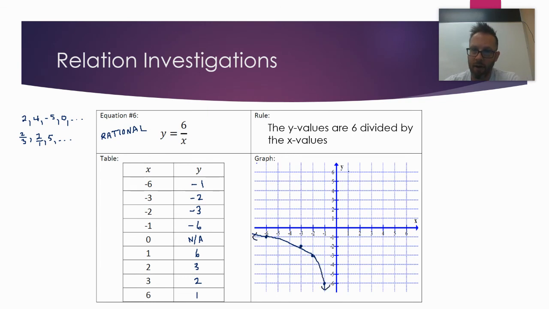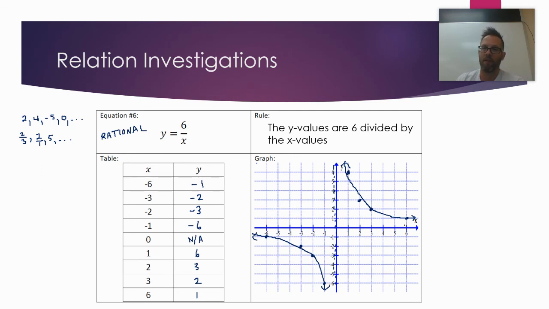And on the other side, we get (1, 6), (2, 3), (3, 2), (6, 1), and it looks something like that. And it never actually touches. There's no point at x equals 0. It can actually never hit. There's no y-intercept. It can never hit that y-axis. That's pretty neat. This is a brand new type of graph for you guys. It's called a rational relation. And we'll look more at these when we do some sketching later on.